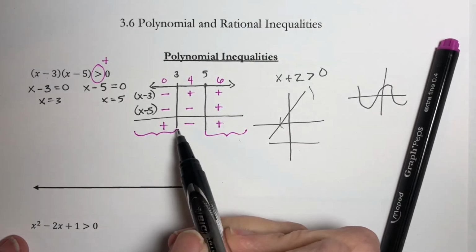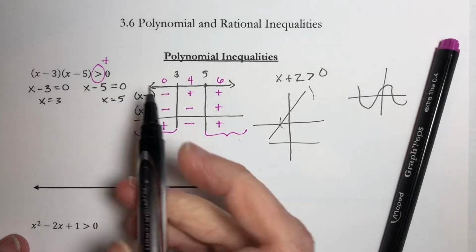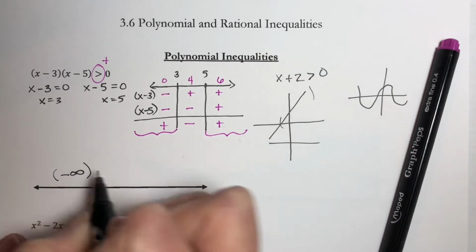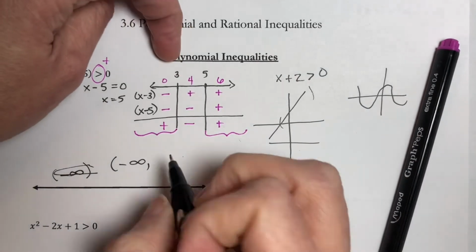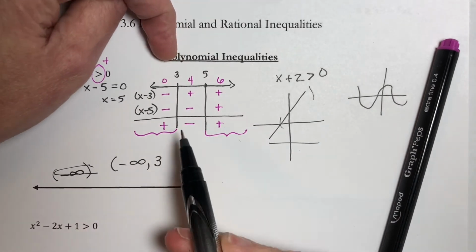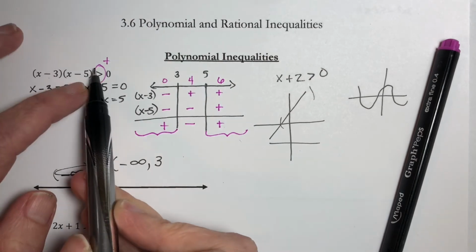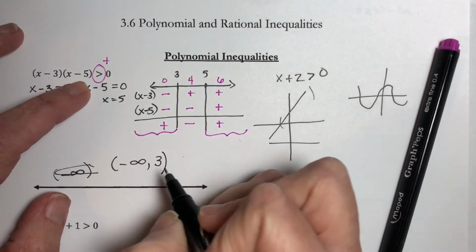Okay, so now we are ready to give our answers. If I think about this as the number line, it starts off at negative infinity and it goes up to 3. Now I have to decide whether or not 3 is part of my answer. If this has strictly greater than, that means this is going to get parentheses.